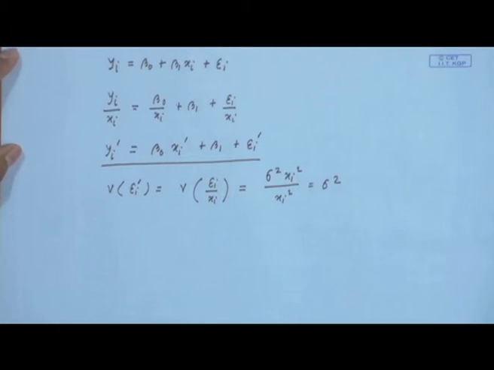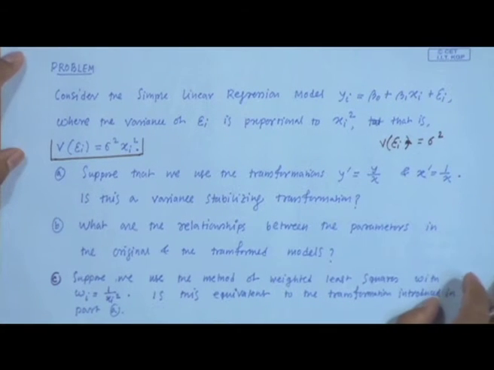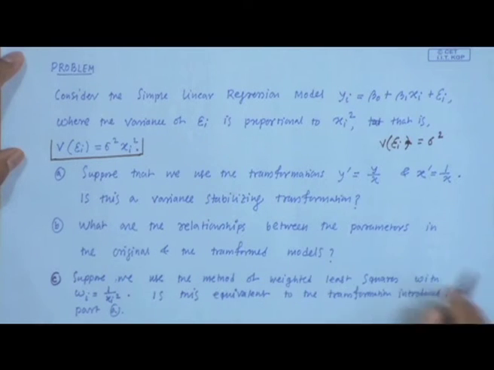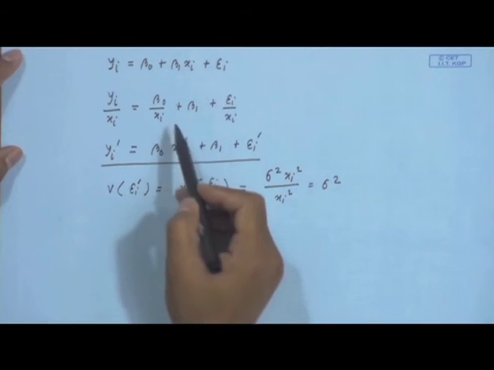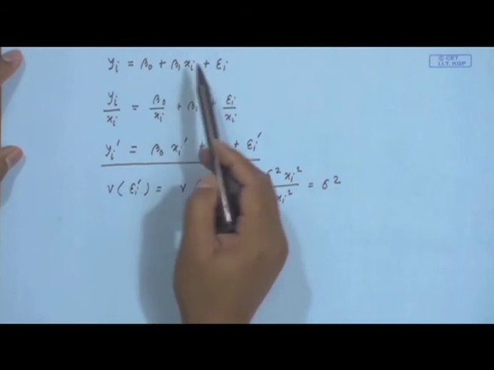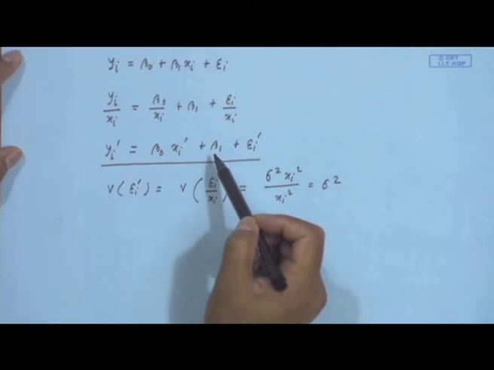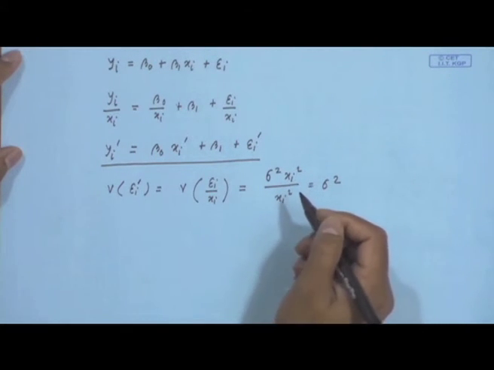So, the answer to the first problem is yes, it is a variance stabilizing transformation. What is the relation between the parameters in the original and the transformed model? Here you can see this is my transformed model. The slope in the original model becomes the intercept in the transformed model, and the intercept in the original model becomes the slope in the transformed model.